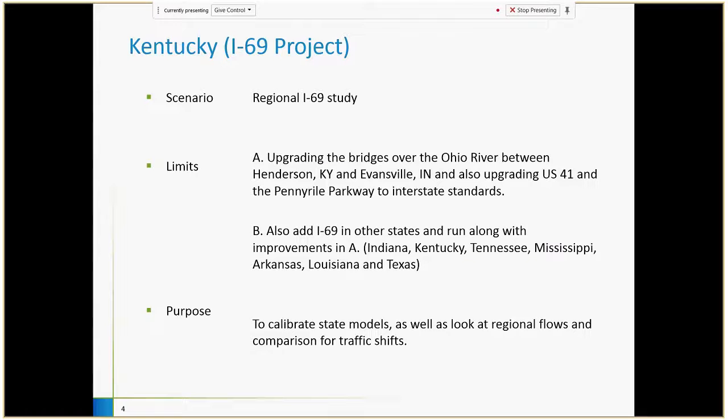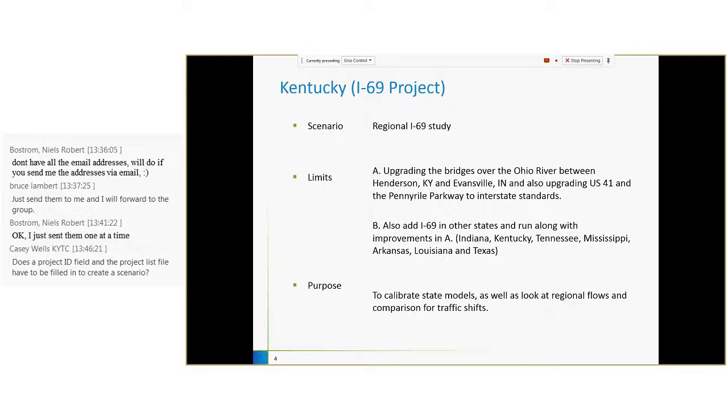This scenario is actually broken up into 2 sub-scenarios. We ran a scenario 2A and a scenario 2B, where scenario A includes improving the Ohio River bridges, as well as US 41 Pennyrile Parkway to interstate standards within Kentucky.